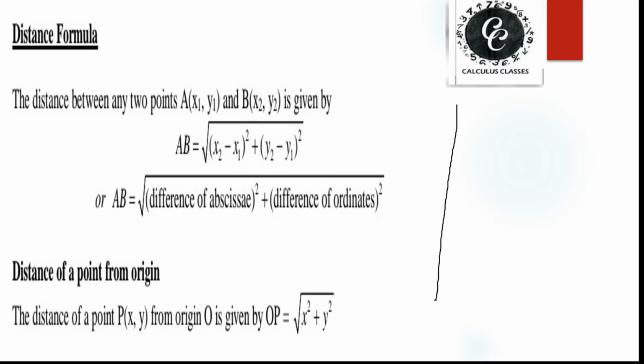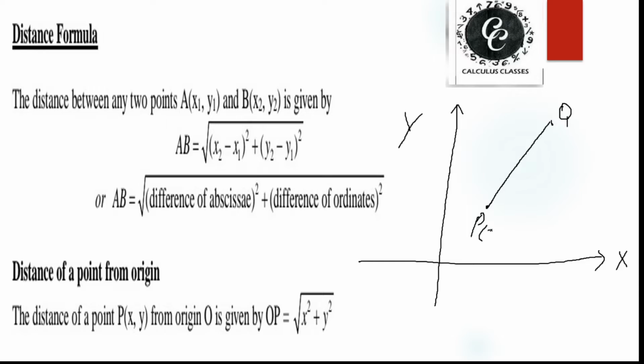To understand this, see, this is the x-axis and this is the y-axis. The first point I'm taking as P and the second point as Q. The coordinates of the first point P are x1 comma y1, and the coordinates of the second point Q are x2 comma y2. Understood?